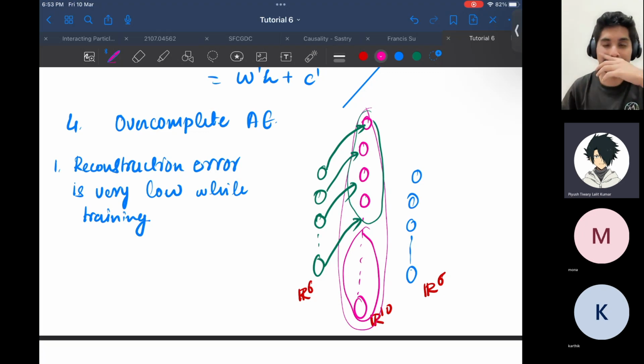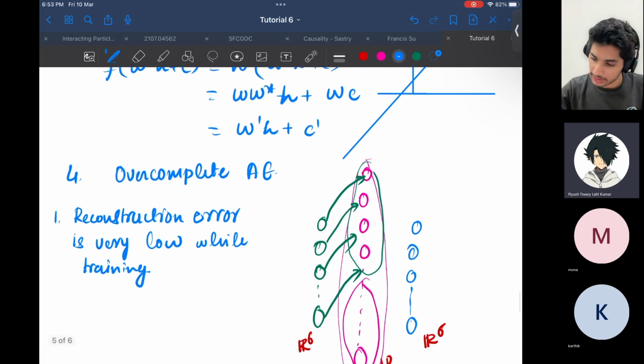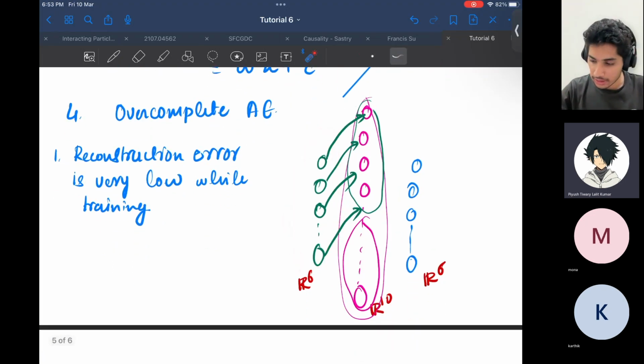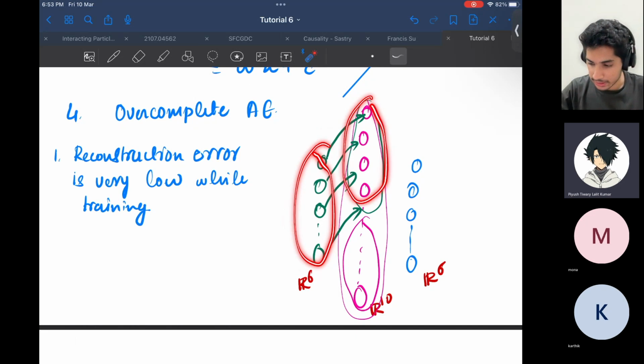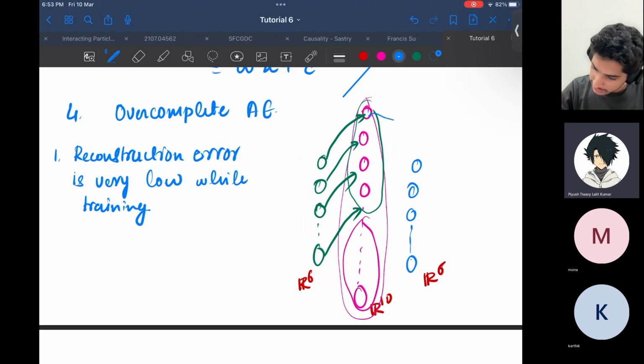While reconstructing, I will say that I have memorized these inputs here, so whatever you have memorized here, just put it here. Whatever you have memorized here, put it here. And similarly, whatever you have memorized here, put it here.